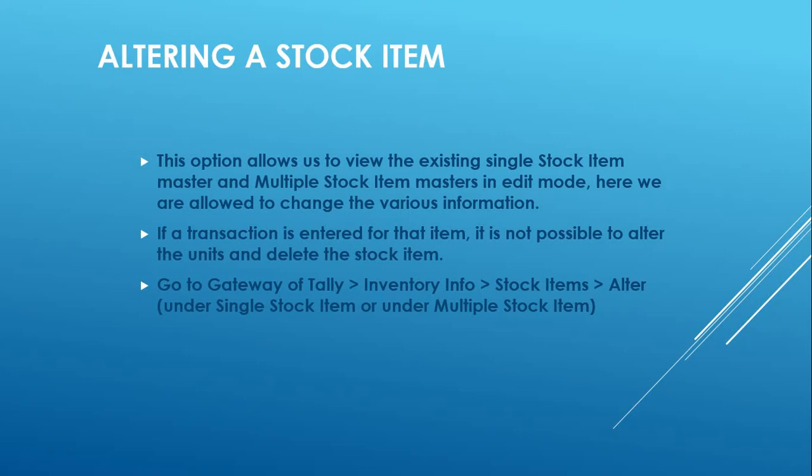If a transaction is entered for that item, it is not possible to alter the unit of measure, and also it is not possible to delete the stock item. For altering, go to Gateway of Tally, select Inventory Info, select Stock Items, select Alter under Single or under Multiple Stock Item option.